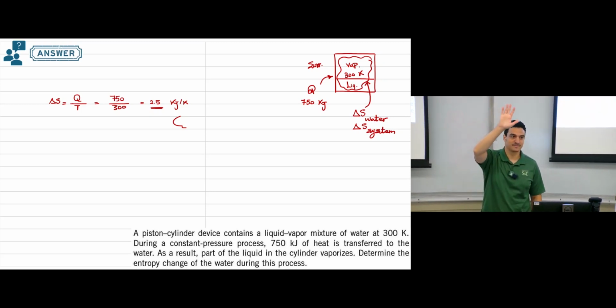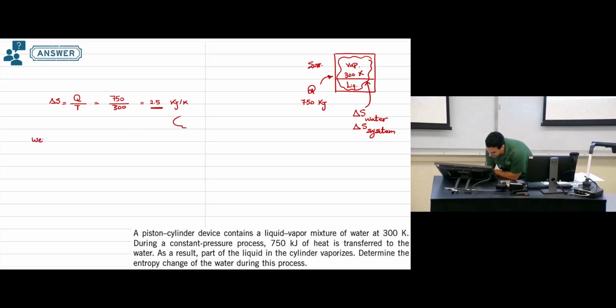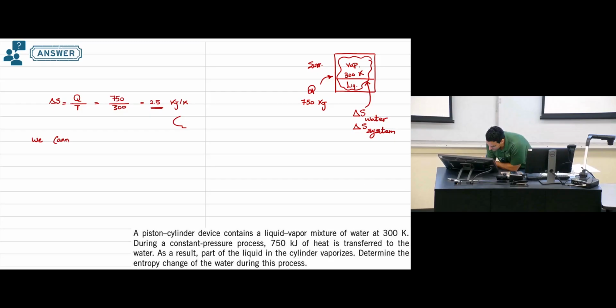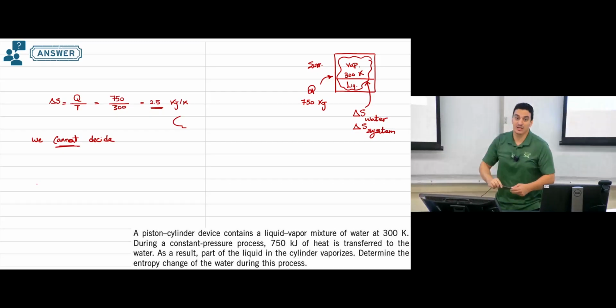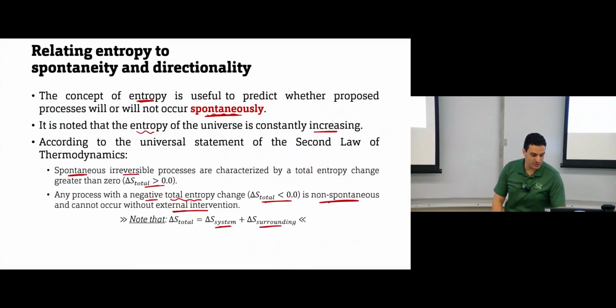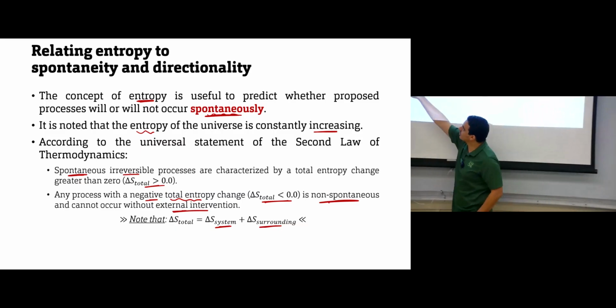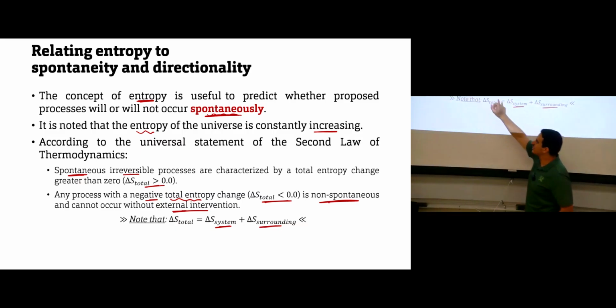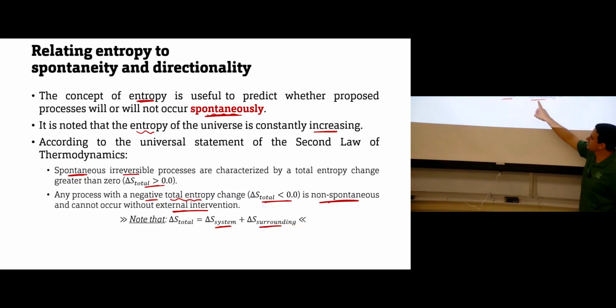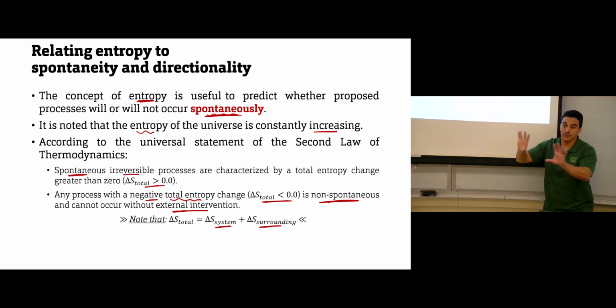Okay. We can say yes, we can say no, because get back to the slide. Which delta S is more than zero? Delta S total is delta S of the system plus delta S of the surrounding.